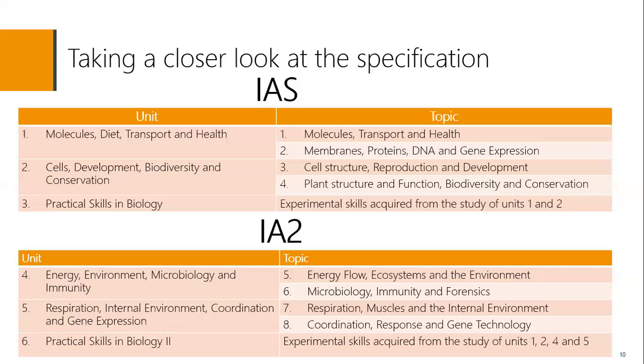It is envisaged that practical skills developed in Units 1 and 2 will be assessed in the Unit 3 examination, and practical skills developed in Units 1, 2, 4, and 5 will be assessed in the Unit 6 examination. So the Unit 6 examination involves all the practical skills developed throughout the whole course.